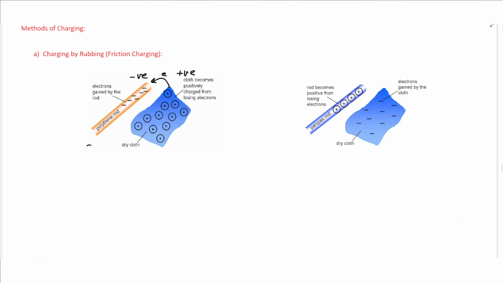And finally, the amount of negative charge on the rod is equal to the amount of positive charge on the cloth if they started as neutral objects, because neutral means the amount of positive is equal to the amount of negative. For other materials, the rod can be charged positively and the cloth negatively. That means the electrons moved from the rod to the cloth, and still the final positive and negative charges will be equal if the initial charge was neutral.